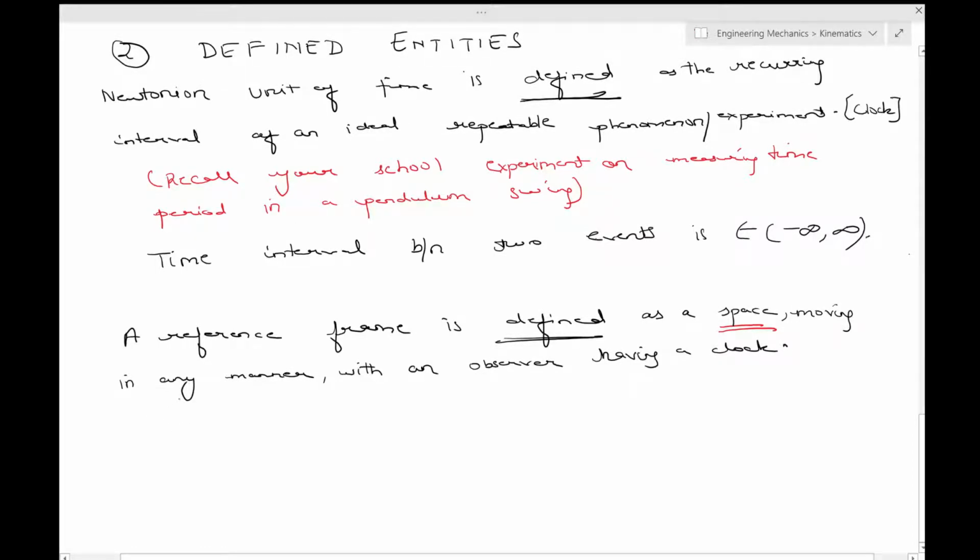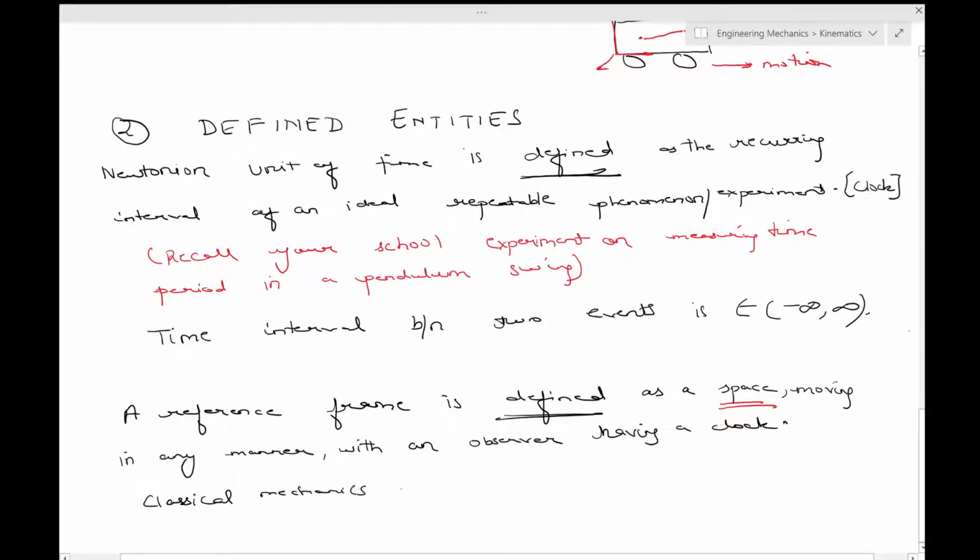So in our mechanics, or the so-called classical mechanics, time is absolute, meaning it is independent of the reference frame, or the presence of or motion of material bodies in this reference frame.